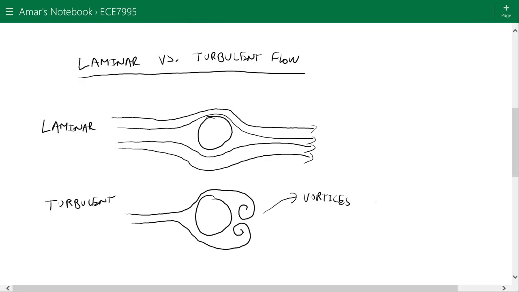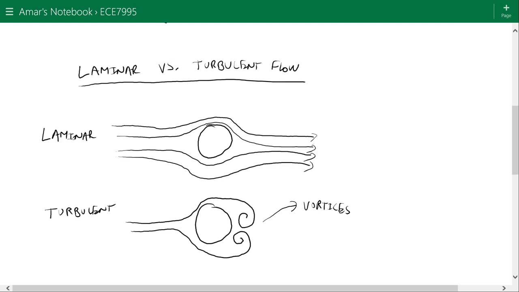And these vortices could be unsteady in time. They form at different locations, they come and go. So the difference here is that the upper example is a lower Reynolds number flow, which is laminar flow, and below is what's called turbulent flow.